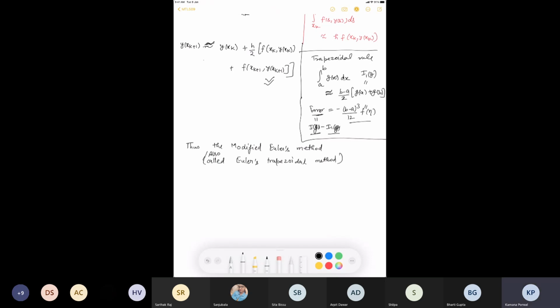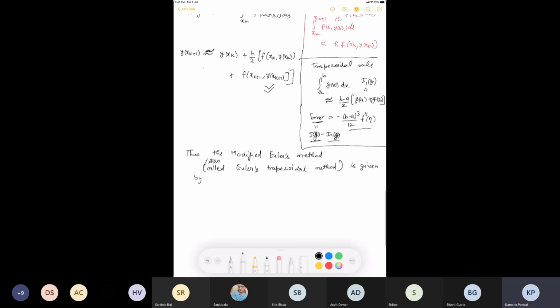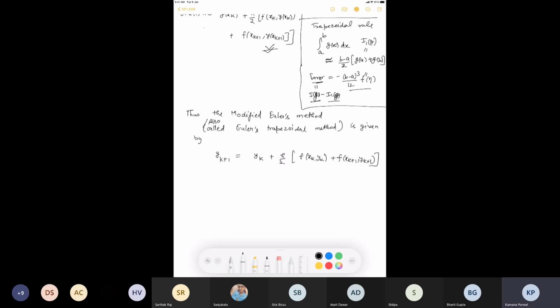So the modified Euler's method is given by: the approximation y_{k+1} of y(x_{k+1}) is equal to y_k plus h by 2 times f(x_k, y_k) plus f(x_{k+1}, y_{k+1}). You can write down the range for k here. So this is the modified Euler's method.